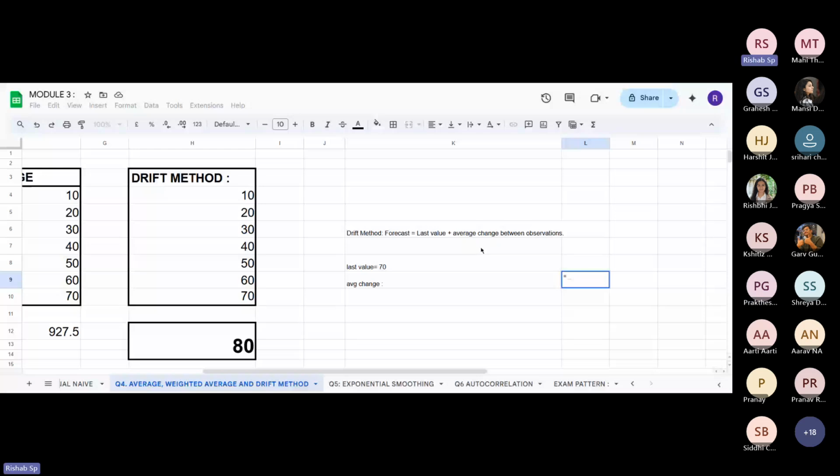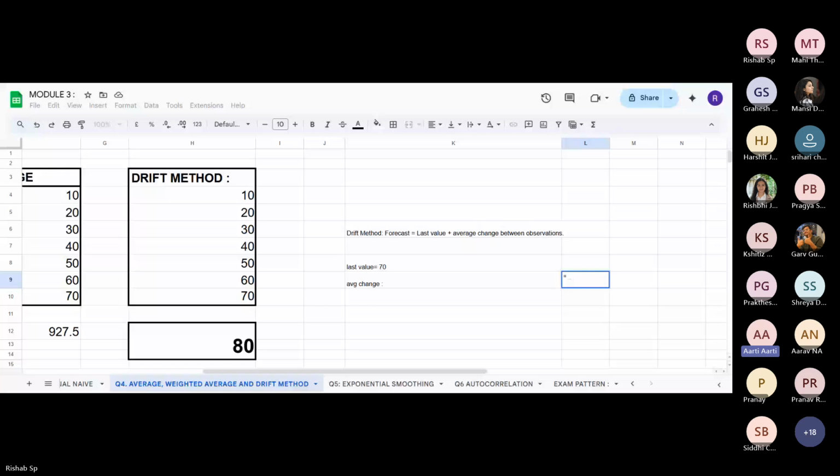How should we take the average? Does anyone know? Rishabh, I think here the average will come to 10 only because the variation is constant.